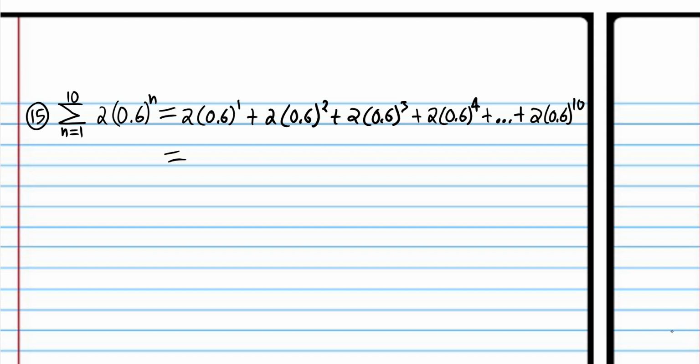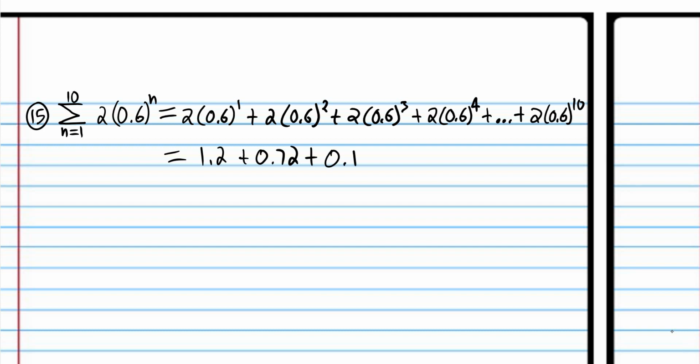Okay, so we get 1.2, and 0.6 times 0.6 is 0.36, and times that by 2 we get 0.72. But you don't really need to write the next step out necessarily in order to figure out if it's geometric or arithmetic, because we can see just by looking at all these expressions that it's got to be geometric.